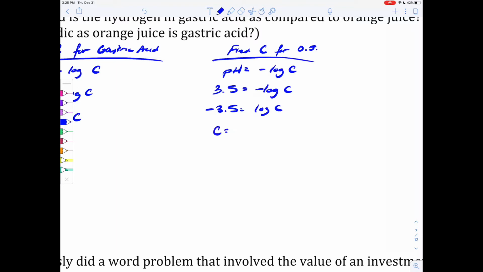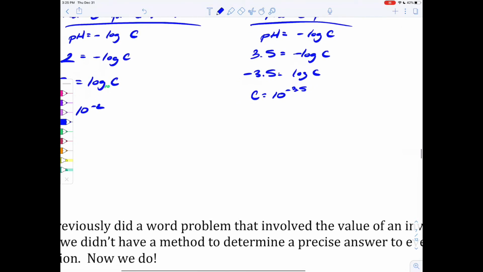So we've got C is equal to 10 to the negative 3.5, whatever those values are.